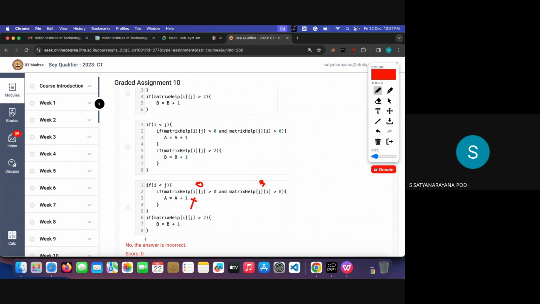Fine. A is not increased, no? Yes, sir. So at that time it comes to here. So the outer condition. Why are they not checking this outer condition again inside the if? That's my question. So can you take the question? I'll take the question.